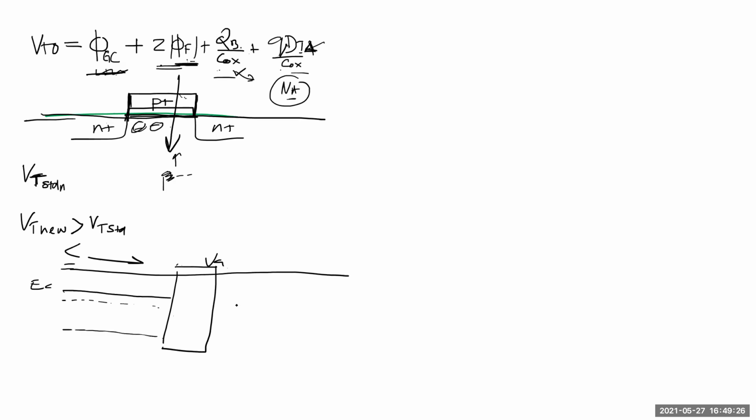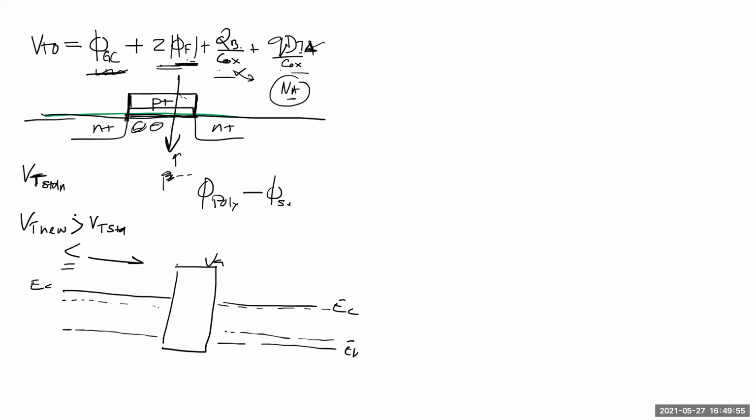And for the p side, this was your conduction band, valence band, and your p side was here, right? So this was phi p poly, let's say, minus phi semiconductor. Let me draw it here.